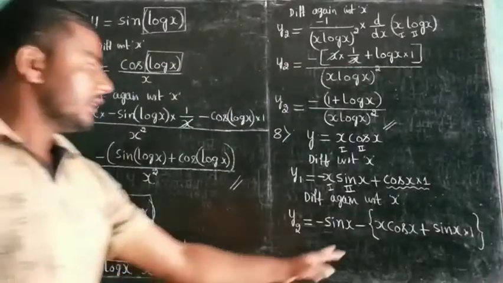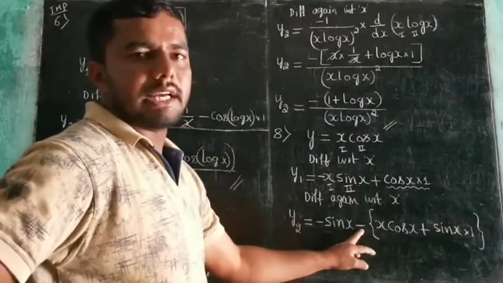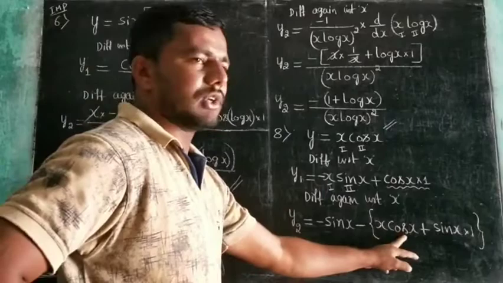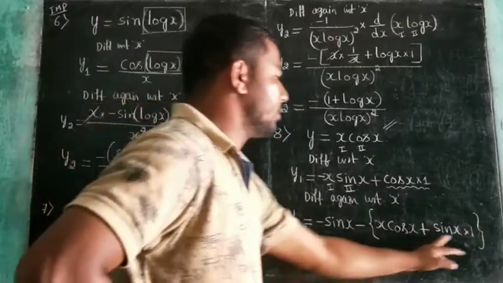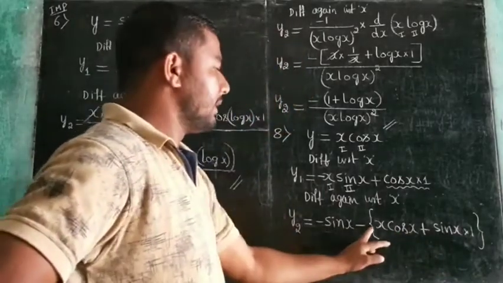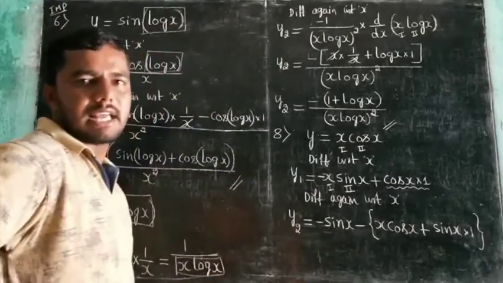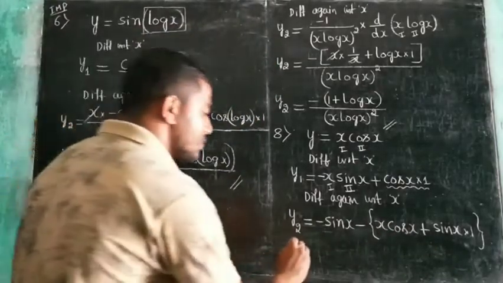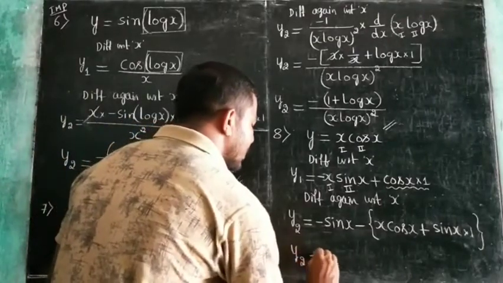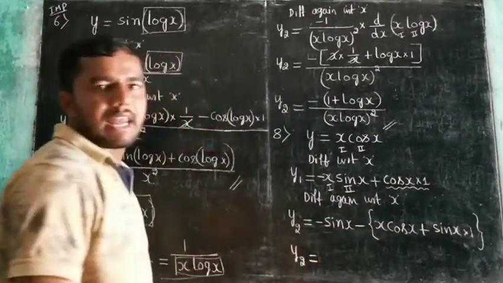So here multiply the negative throughout the terms: minus x cos x minus sin x. Already we have a minus sin x, so minus sin x becomes minus 2 sin x.